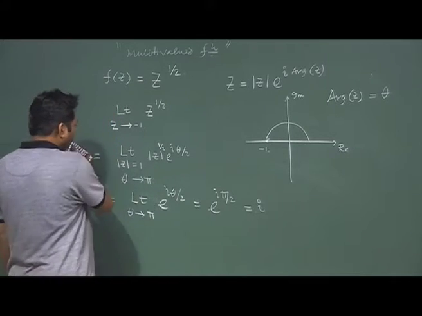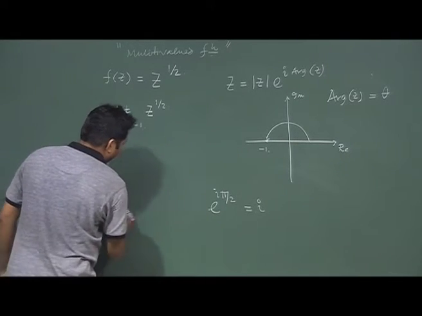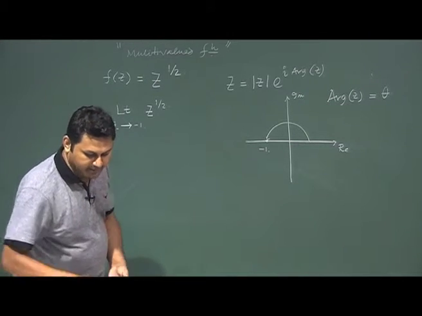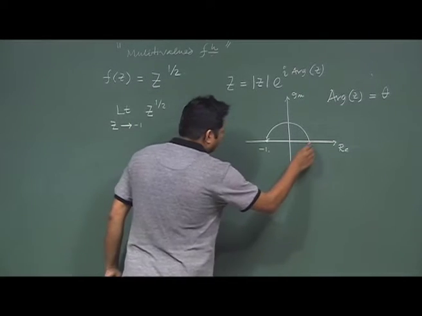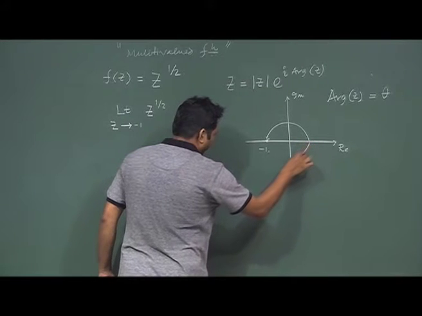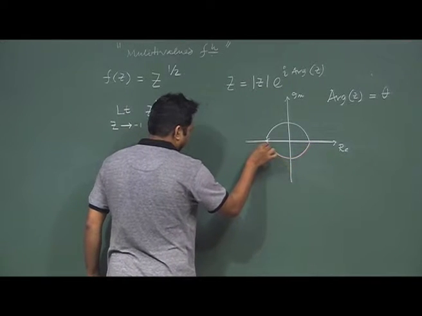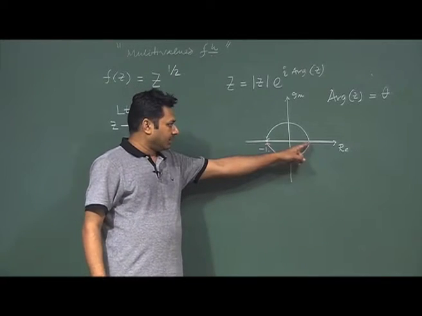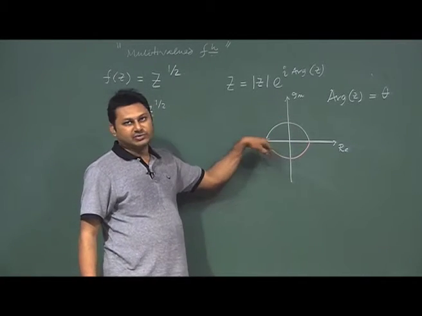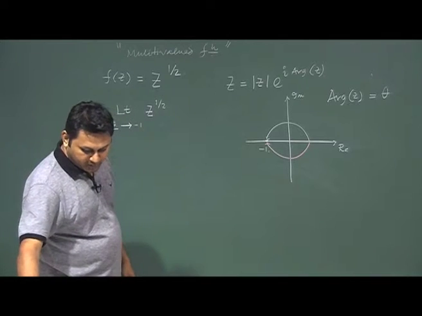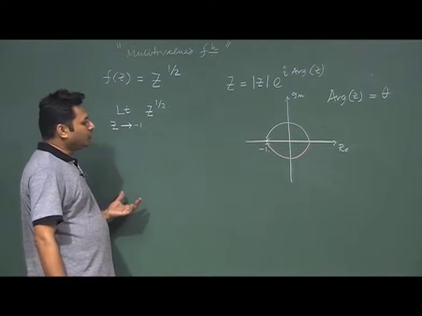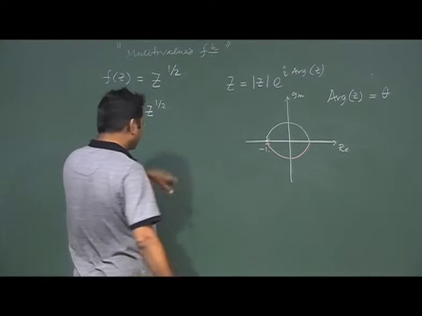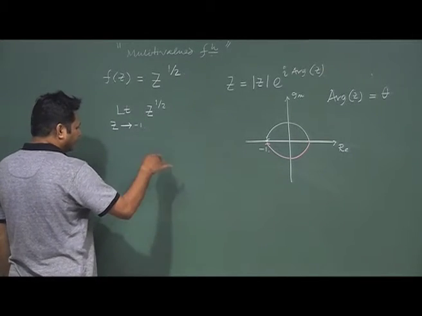Let me try to do the same thing with another path or another approach. So I will try to find the limit when I am going from this to this. Please note that here the direction is changed. So, in the previous case, theta tended to pi, here I should write theta tends to minus pi, because I am going in the different direction.